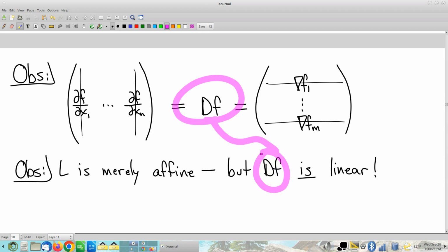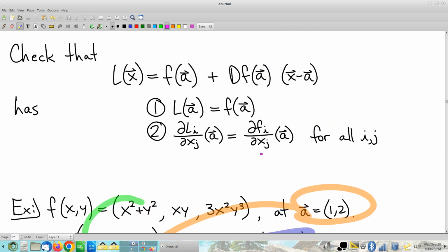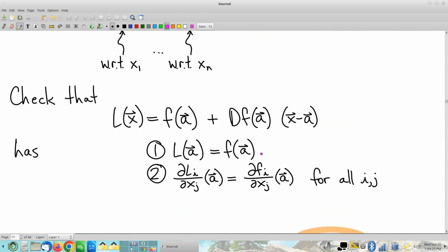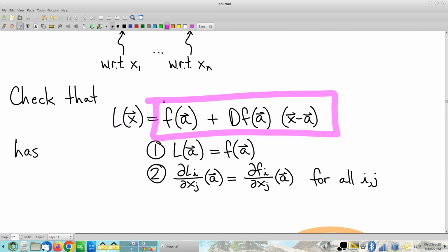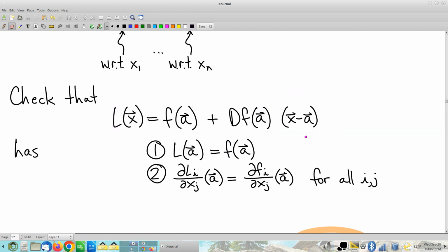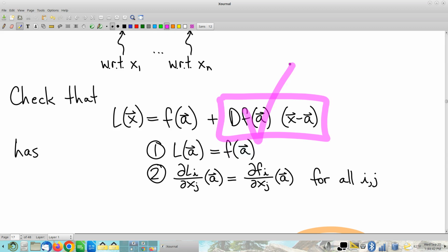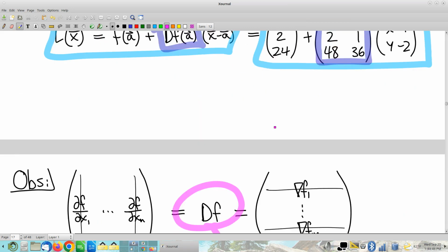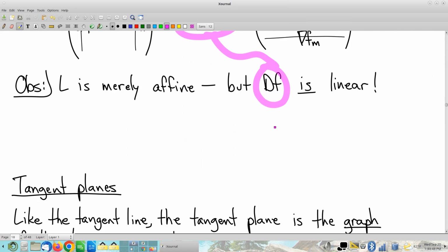If you look at the formula for the linear approximation, here it is. This other term over here, it's just a constant. So technically, it's not linear, but the part that is most of the linear approximation is linear. Okay, all right. So those are just quick observations.